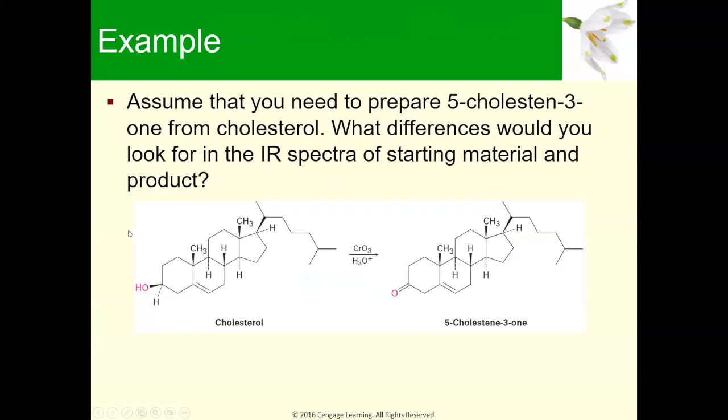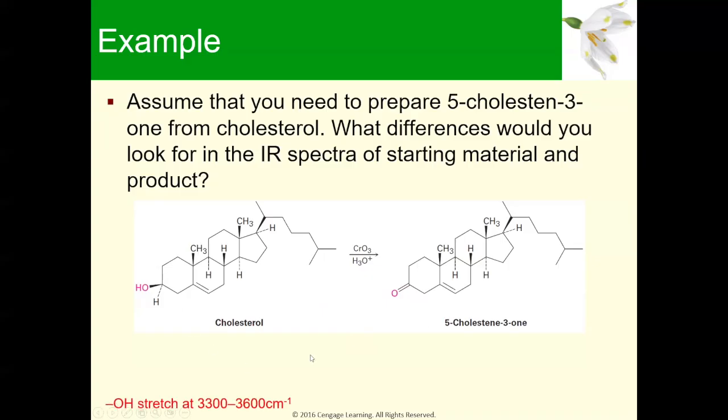Okay, so we can even ask a question that will help us to figure out how to use IR to detect the presence or absence of alcohols. So let's say that I'm doing a transformation of cholesterol, which is an alcohol, into 5-cholestene-3-one, a ketone. So we're oxidizing this alcohol into a ketone. And how do we know if the reaction worked? Well, one thing you can do is run an IR spectrum of your product.